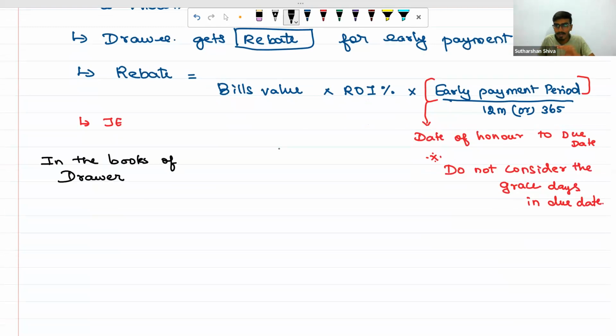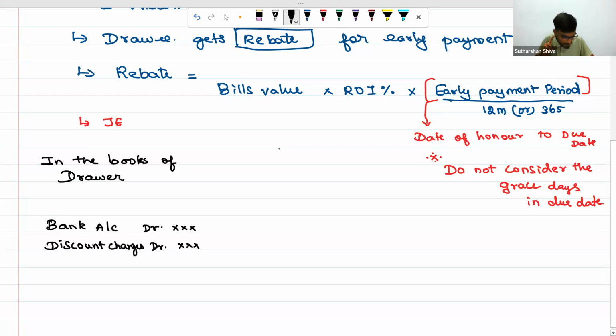He is getting some money, my money comes to my bank account, my bank account will increase, my asset value will increase. So I will debit my bank account. Then I am providing some discount to my drawee for the early payment. That discounting charge is a loss for me. So I am going to debit it.